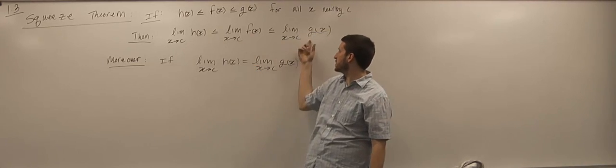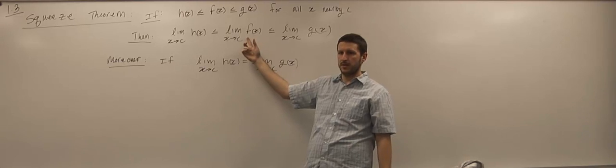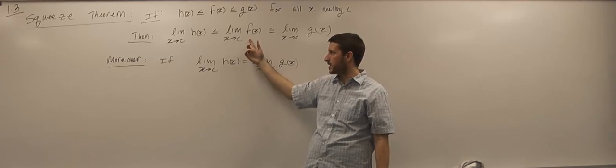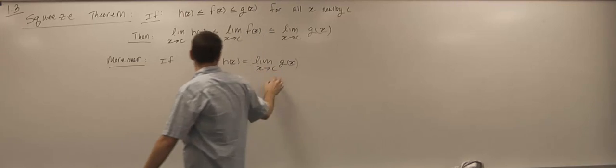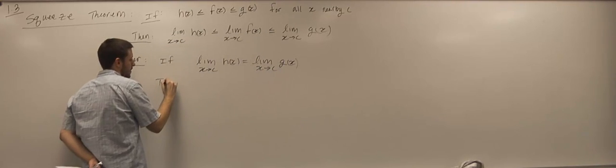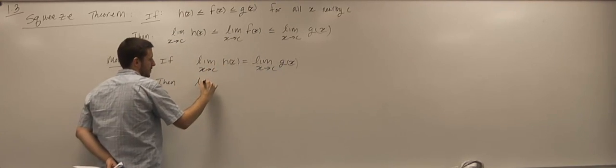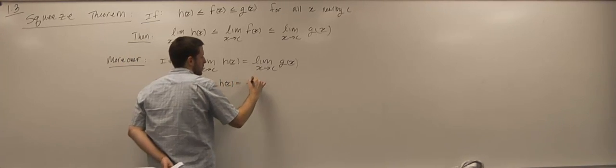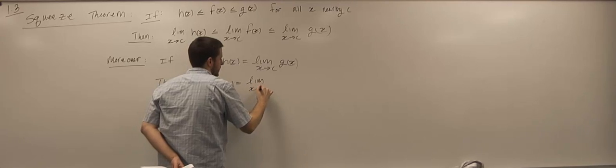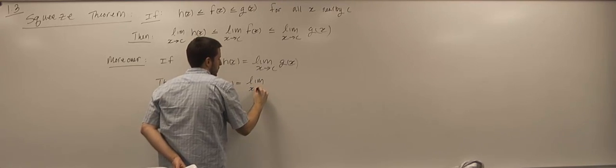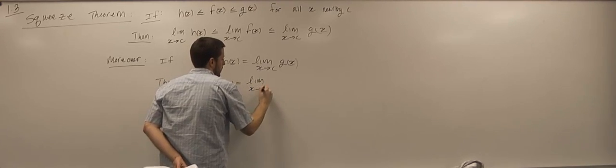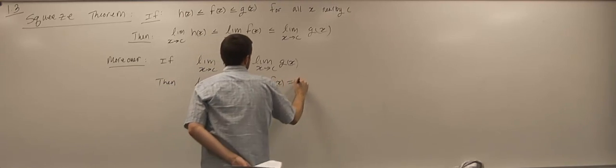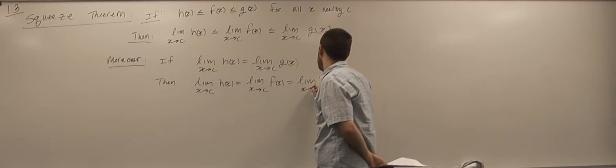Like if this is 1 and this is 1, then this has to be 1, because there's no more room for it to be anything else. So if these limits are the same, then they're all the same. So the limit of h of x is equal to the limit of f of x is equal to the limit of q of x.